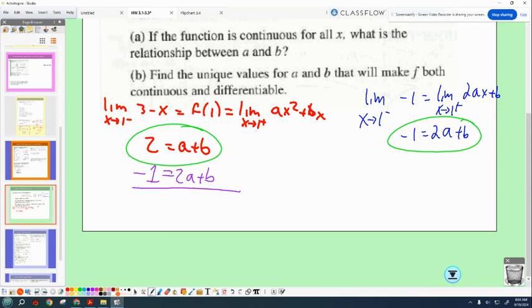Can I just subtract them? So I'm going to change the signs of this one and add down 2 plus 1, A minus 2A, B minus B goes away, A is negative 3. And if A is negative 3, what is B? B is 5.